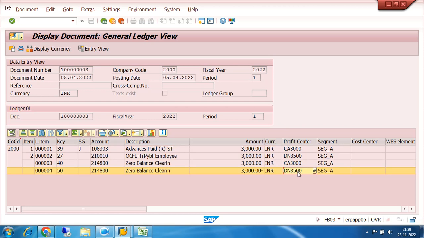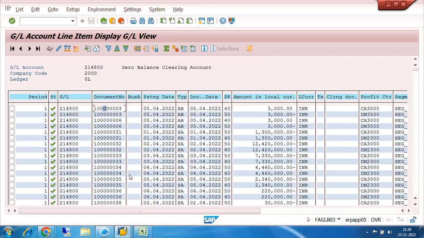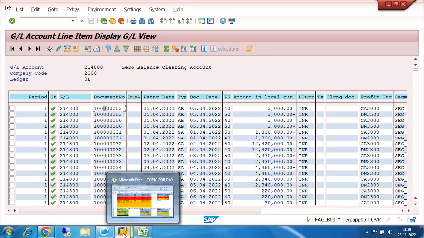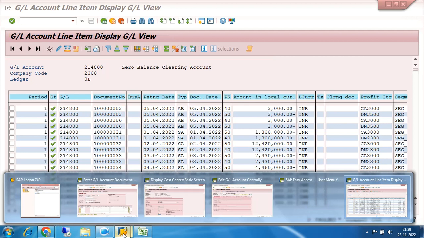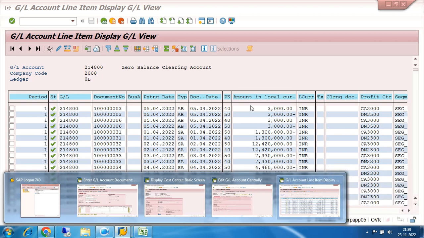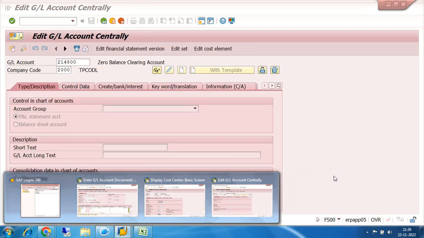Otherwise, document splitting will be there. So whether it is document splitting or zero balance clearing, both are required for making the segment-wise balance sheet or profit center-wise balance sheet and profit and loss possible. So these are the uses of zero balance clearing.